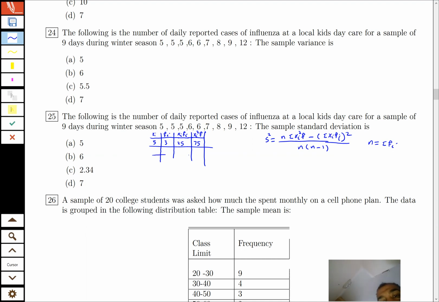And I have 6 appearing 2 times, so 2 times 6 is 12, and 6 squared is 36 times 2, which will be 72.